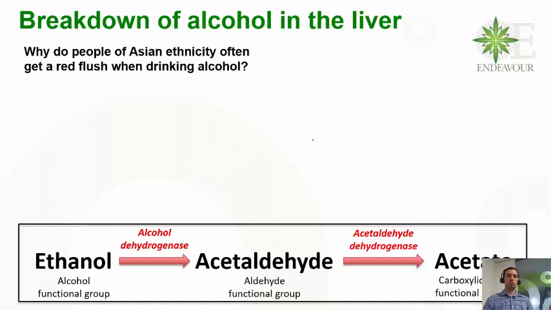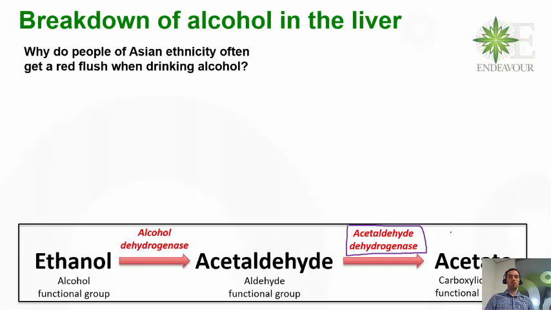So an interesting question to consider now. Why do people of Asian ethnicity often get a red flush when drinking alcohol? And we can actually trace this back to these alcohol breakdown reactions. In particular, this enzyme, acetaldehyde dehydrogenase, because these individuals actually have a less efficient version of this enzyme. They've got enough of the enzyme in general, but it just doesn't work very well.